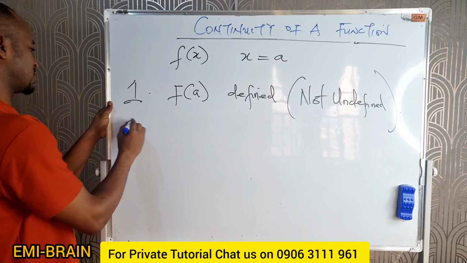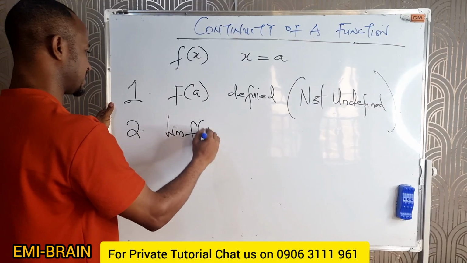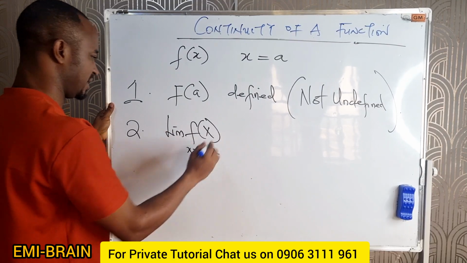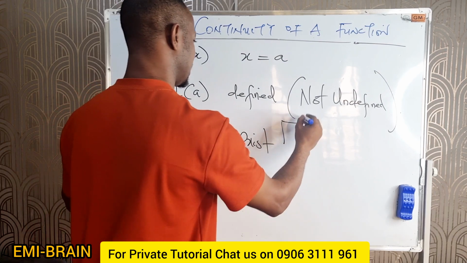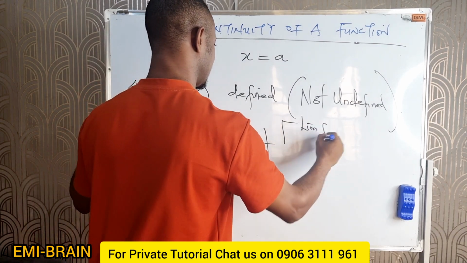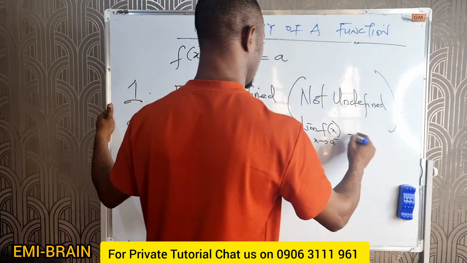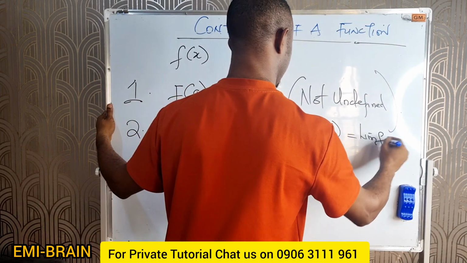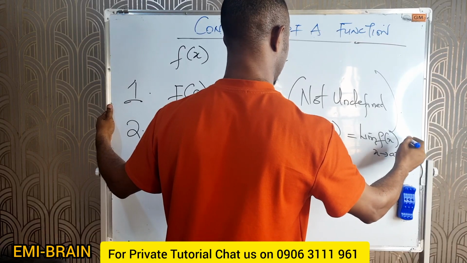Number two is that the limit of f of x as x approaches a must exist. This simply means that the limit of f of x as x approaches a on the left hand side must be equal to the limit of f of x as x approaches a on the right hand side.